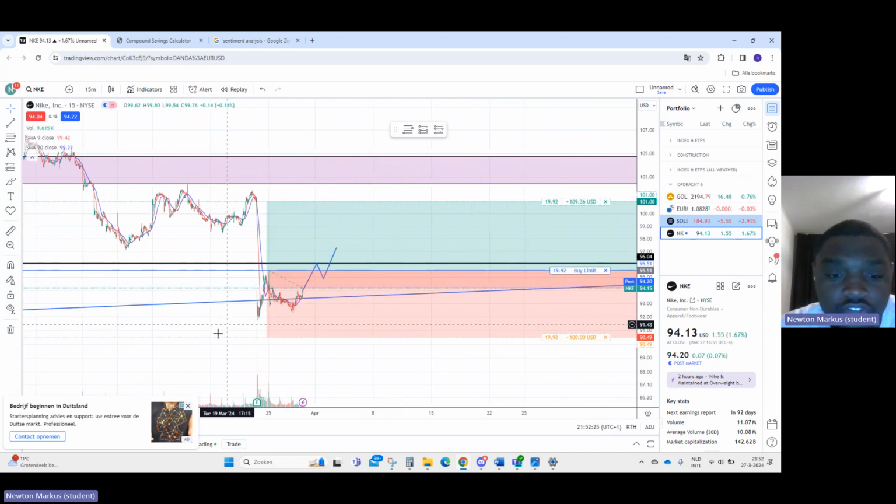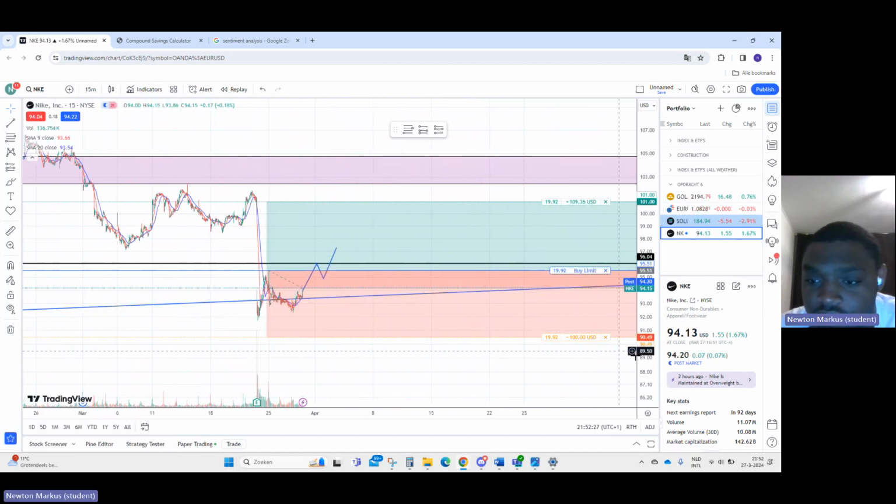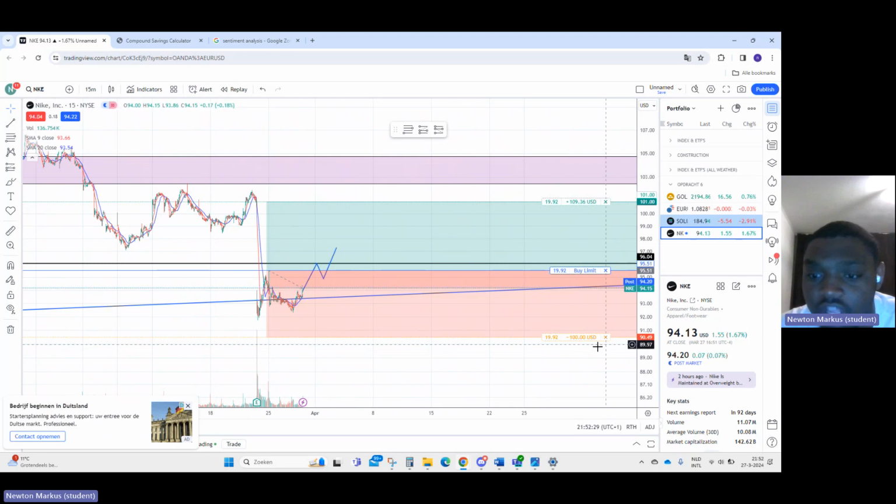So yeah, you can see my stop loss level is at $90 because I want to risk $100. That's 1% of $10,000. That is an effective number, of course, but this is the amount that I want to risk.